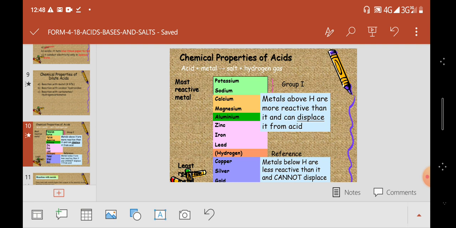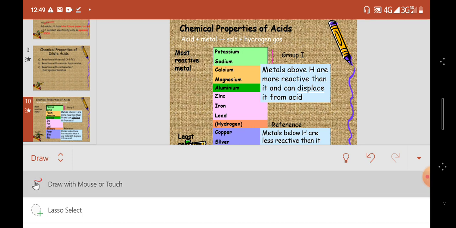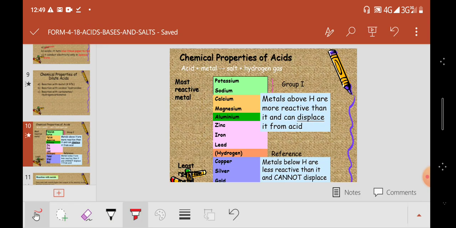Now with metals, there's something we call the reactivity series, a series in which the reactivity of metals is shown. According to reactivity, metals are arranged from the most reactive to the least reactive, the most being potassium and the least being gold. Then hydrogen occupies a position between copper and lead.